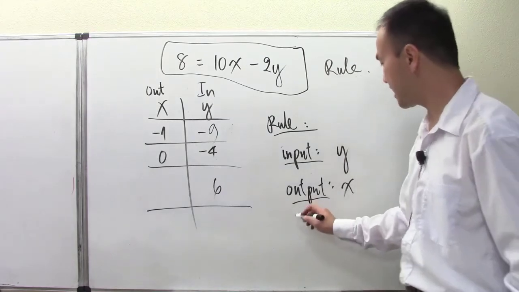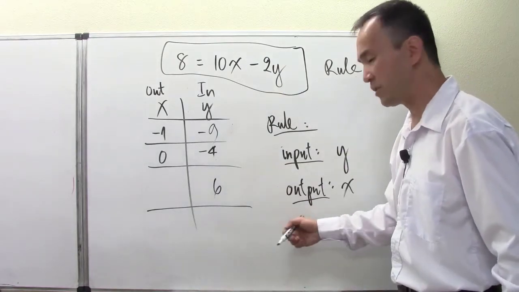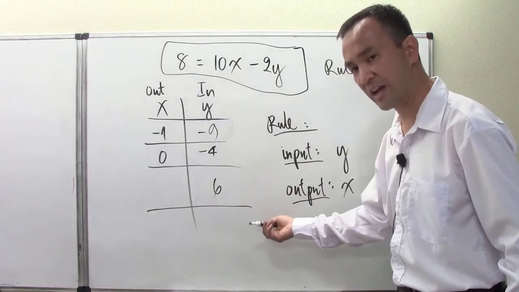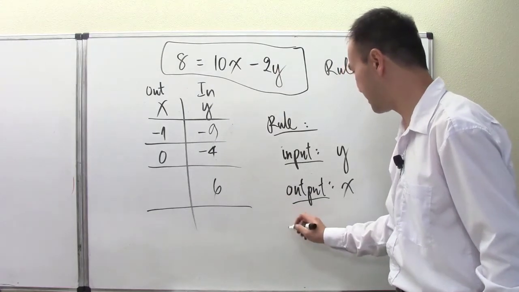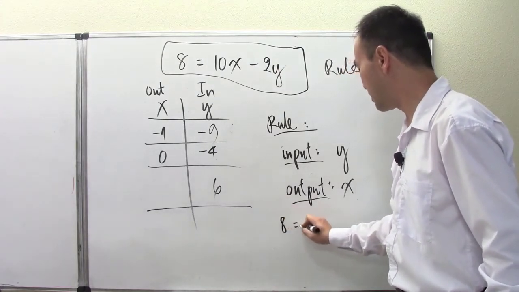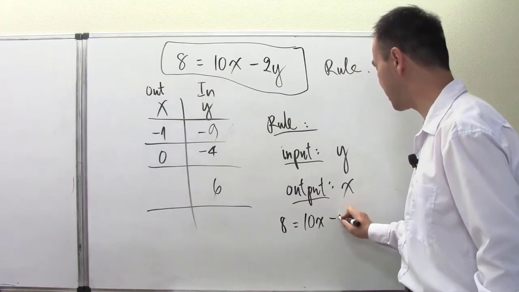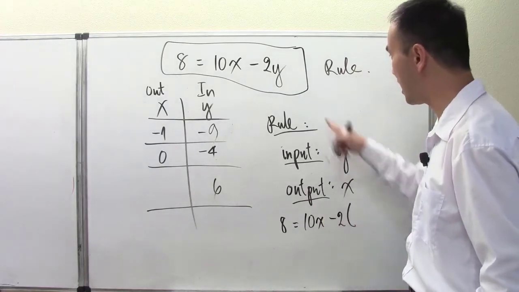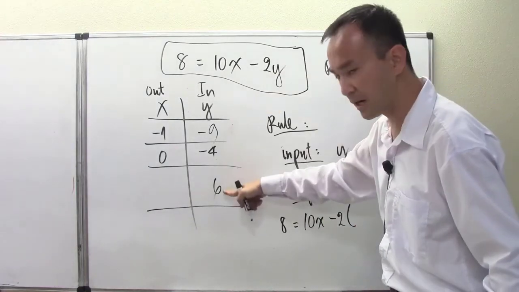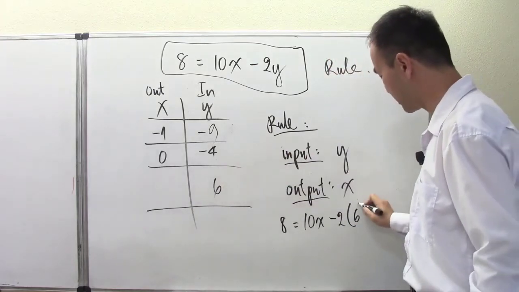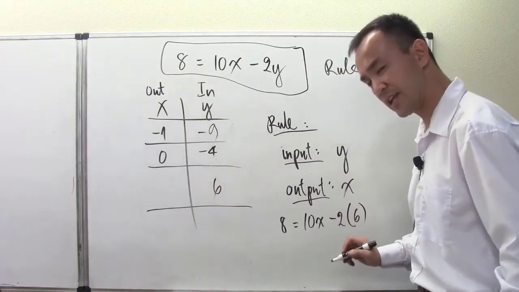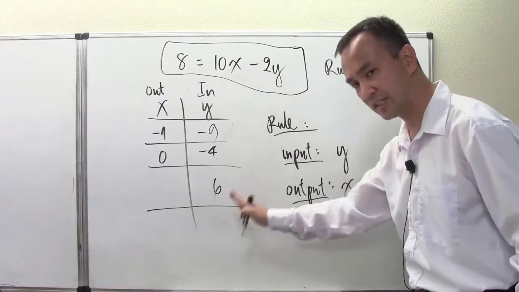Okay, so in this case, let's see what that rule will give us for an output here. So 8 equals 10x minus 2 times y. This time y is substituted by positive 6. So minus 2 times 6 is -12. I'm going to add that to the other side.